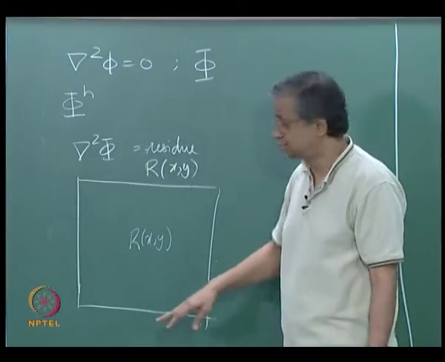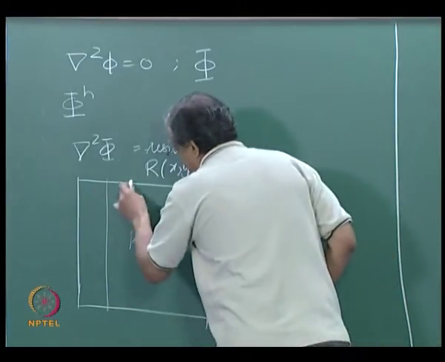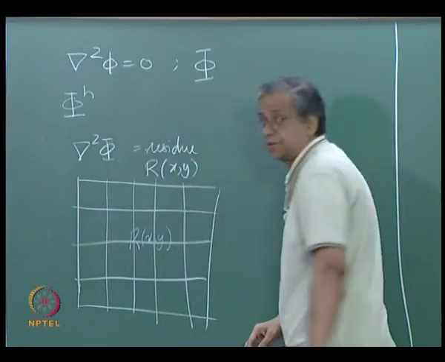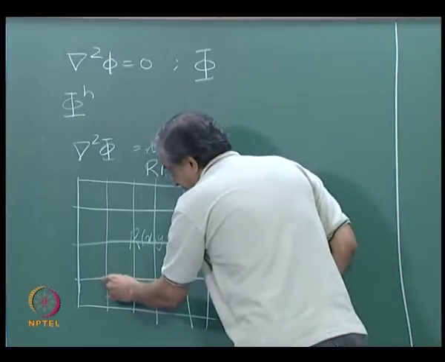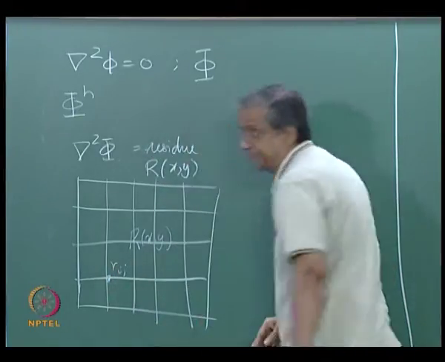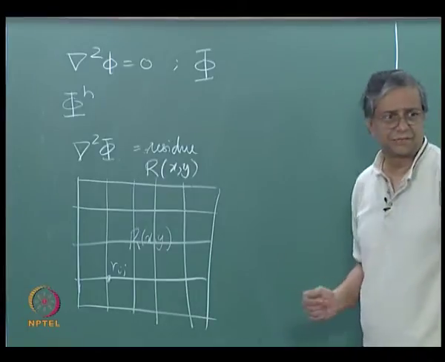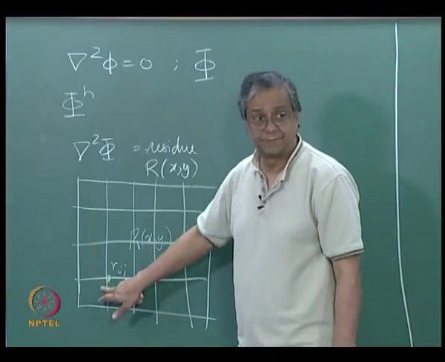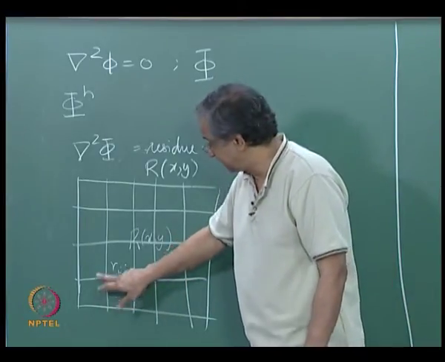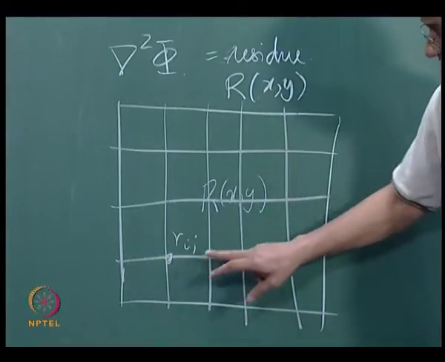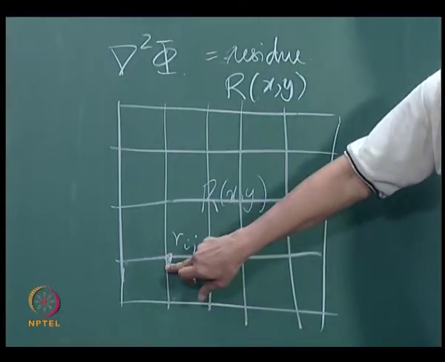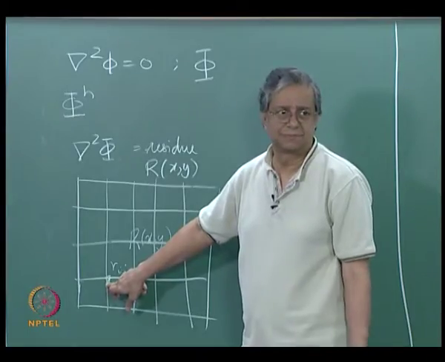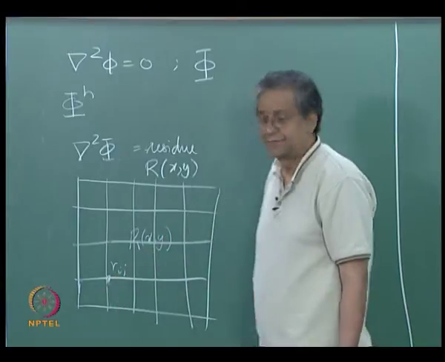So if you were to take a grid, at each point you will actually have an Rij, which is the residue at that point, which you can find by taking Laplace's equation, that is the average of these 4 quantities minus 4 times the middle quantity, and if that is not 0 then you have a residue at that point, fine, okay.